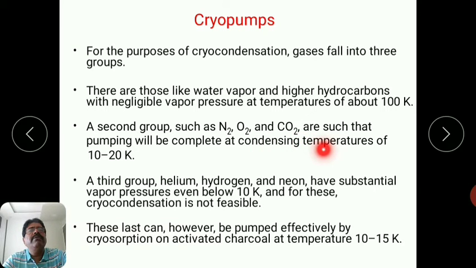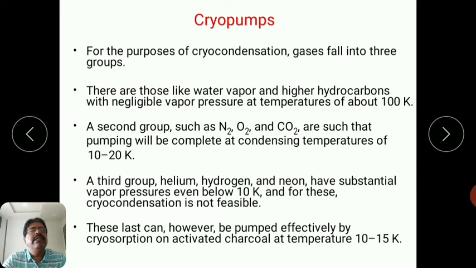So they are such that pumping will complete at a condensing temperature of about 10 to 20 degrees Kelvin. So you need to cool them to a temperature of about 10 to 20 degrees Kelvin. Then the third group, which is quite difficult to pump by this method of cryopumps, involves certain gas molecules like the inert gas molecules, argon, neon, and certain low atomic number molecules like helium and hydrogen.